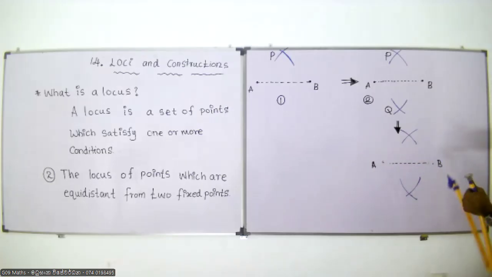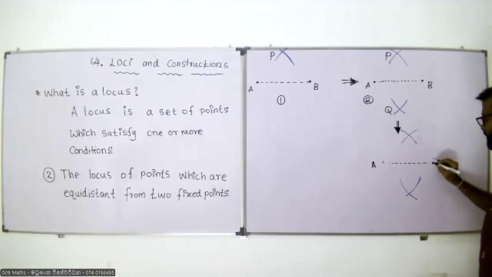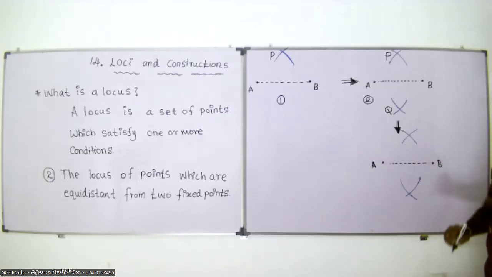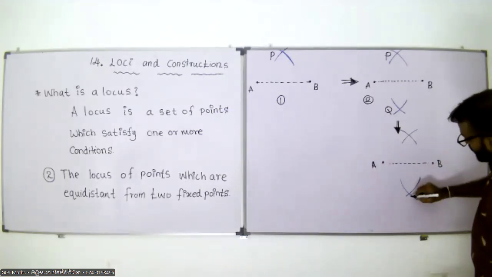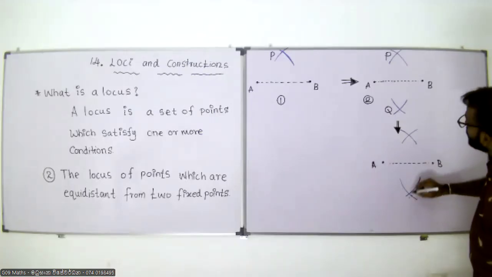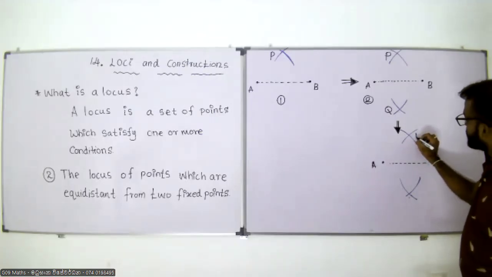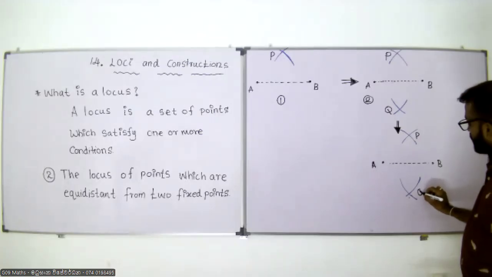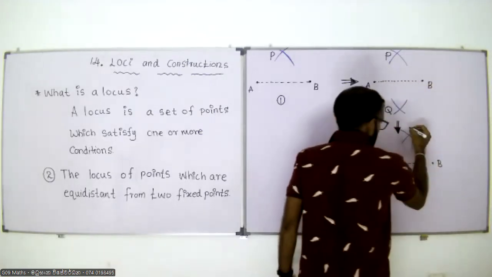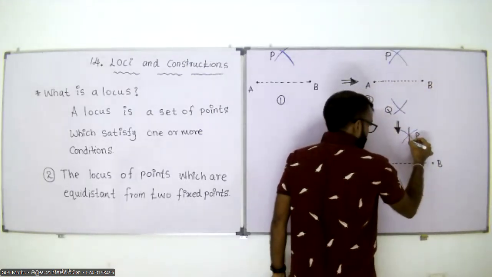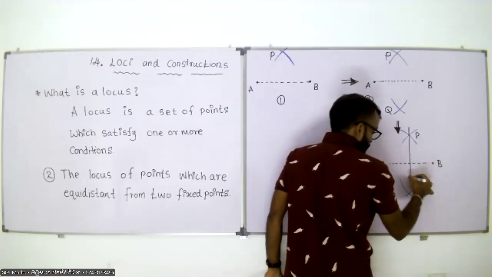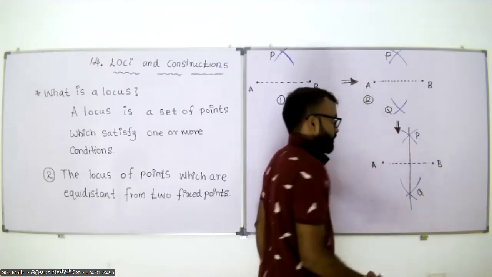Then what I told you is point B and point A. Take the ruler and join these two, P and Q, like here P, here Q. Then take the ruler and join like this, right?